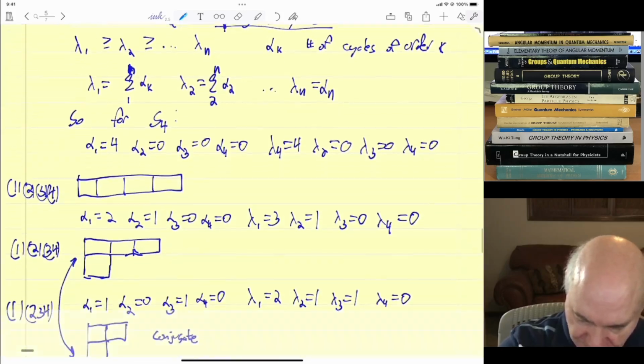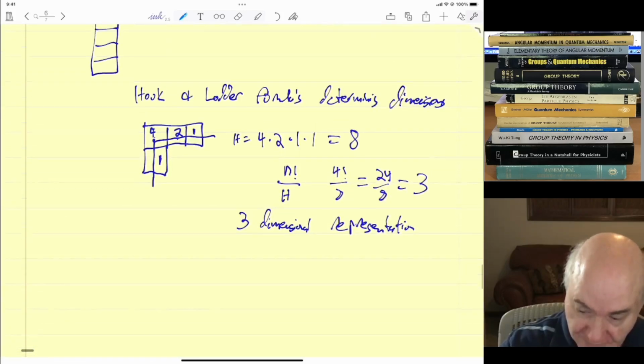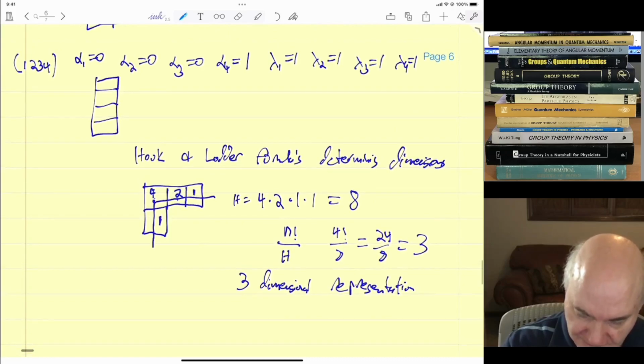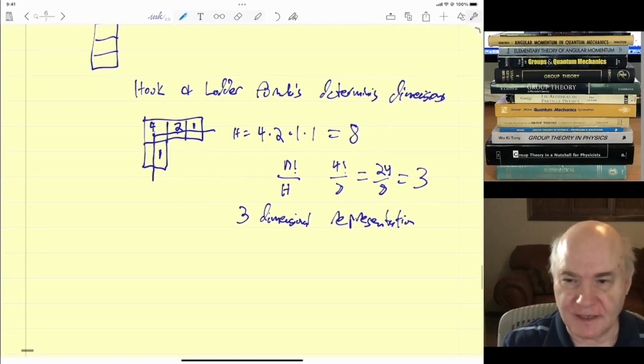But anyway, this tells me, if I remember correctly, that this Young diagram corresponds to a 3-dimensional representation of the symmetric group. And there's ways you put in, like for SU2, you put in integers 1, 2, and then you multiply those integers and so on. We'll get back to that later.